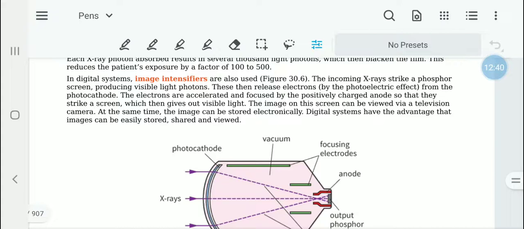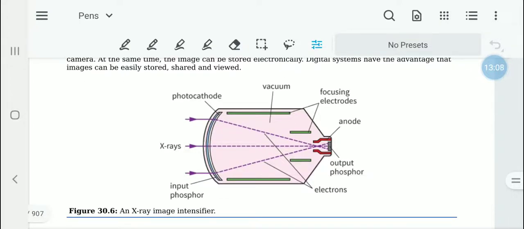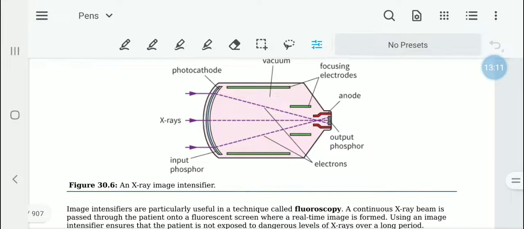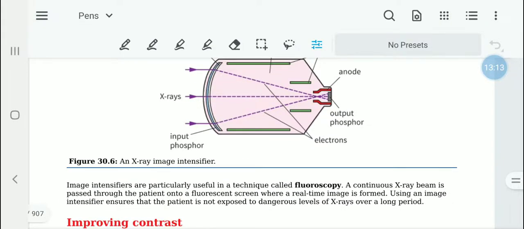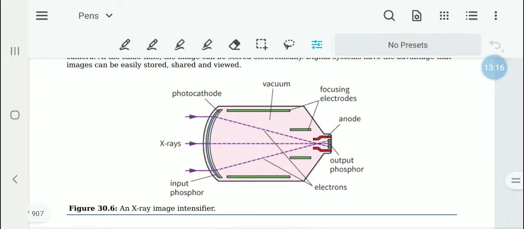These in turn release electrons by the photoelectric effect, which get accelerated towards a positively charged anode, which when struck on a screen gives visible light, converting it to an image. This can be viewed live as well as recorded.